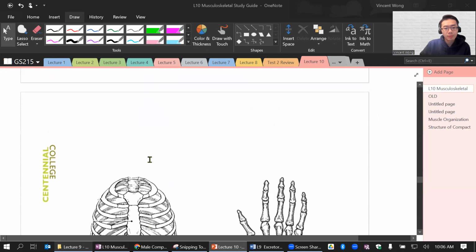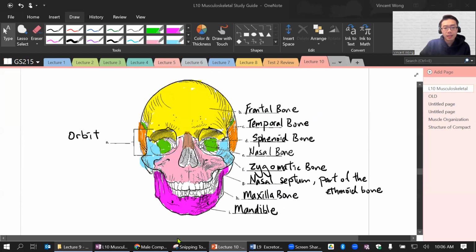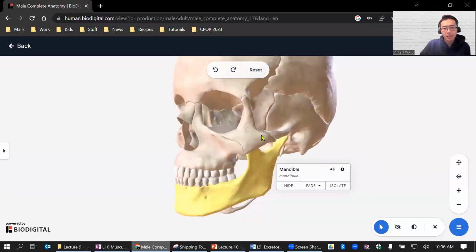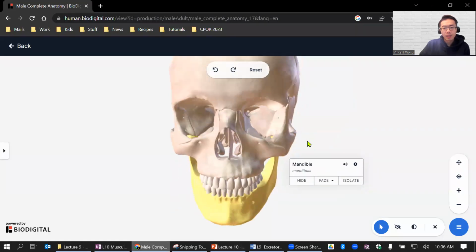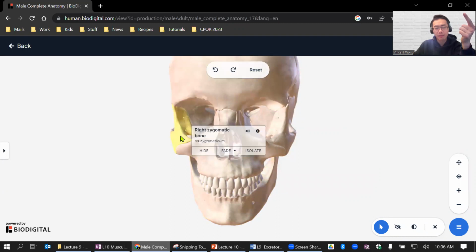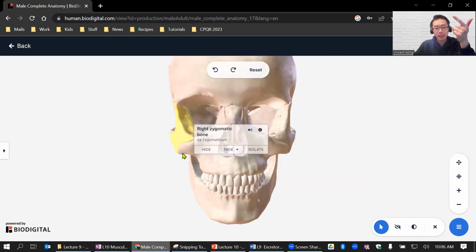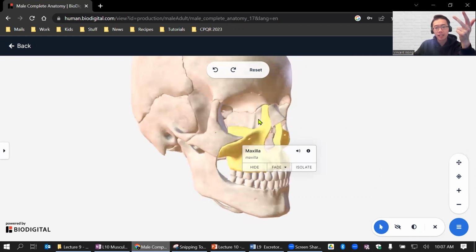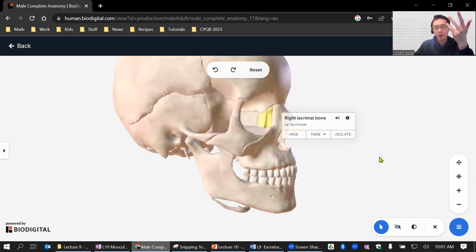Do we have another skull? Nope, that's it. So let me go back to this thing right here. Okay. So I said 7 bones for your eye socket, right? So let's count. A frontal bone for the top, zygomatic for the side, maxilla for the bottom, and then we have the lacrimal bone, and then ethmoid bone, right?